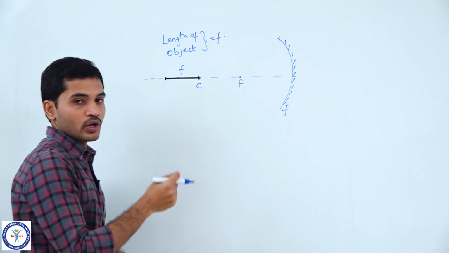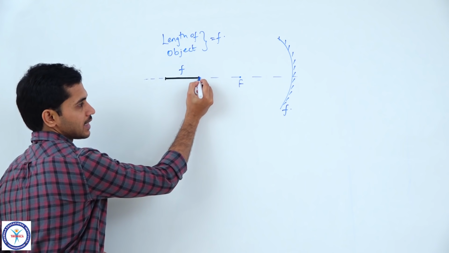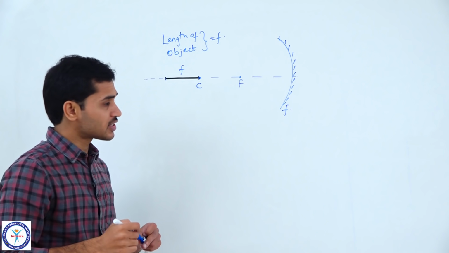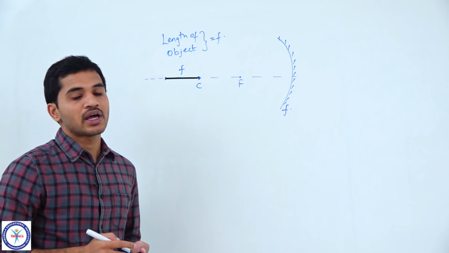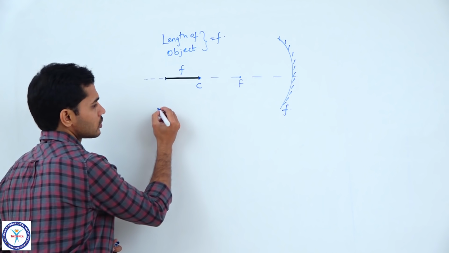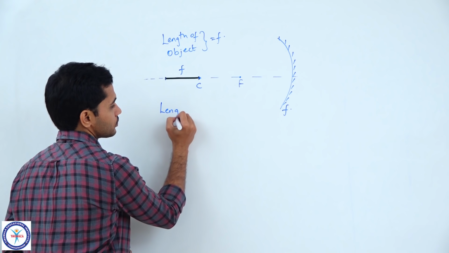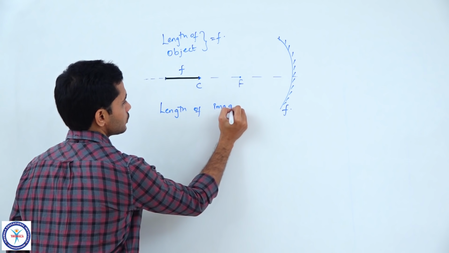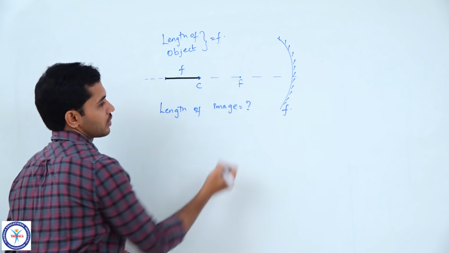One of its ends starts at the center and it extends further away from the mirror. This is the case given to us, and now you will have to find out the length of the image. This is what we will have to calculate.